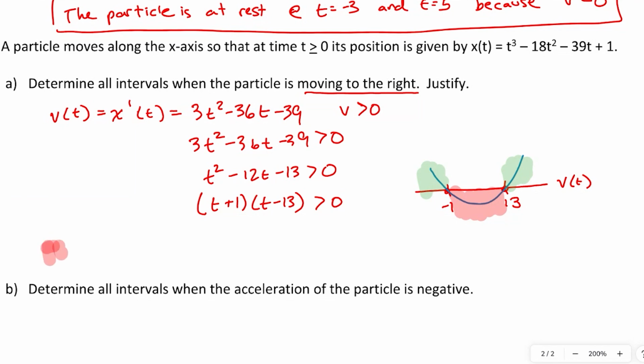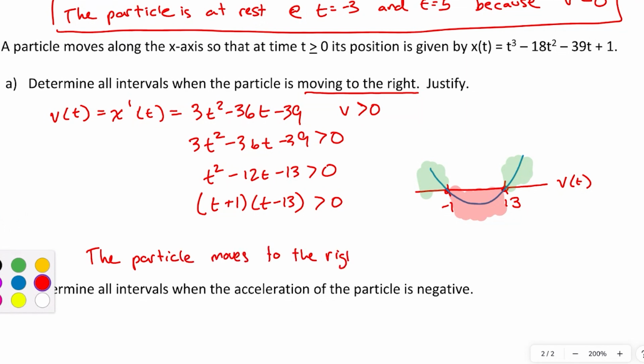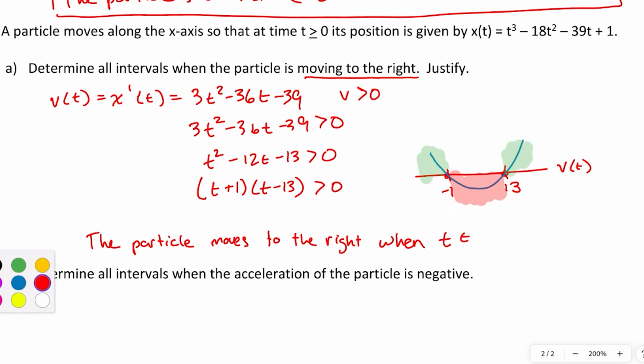Okay, the particle moves to the right when t is an element of this set. In other words, when t is all the values between negative infinity and -1, and also between 13 and infinity.